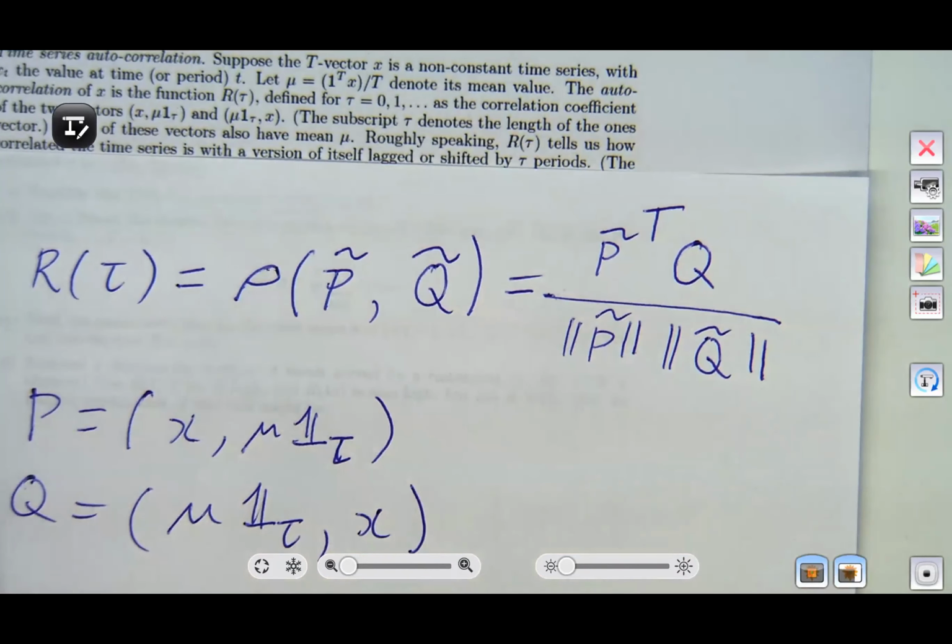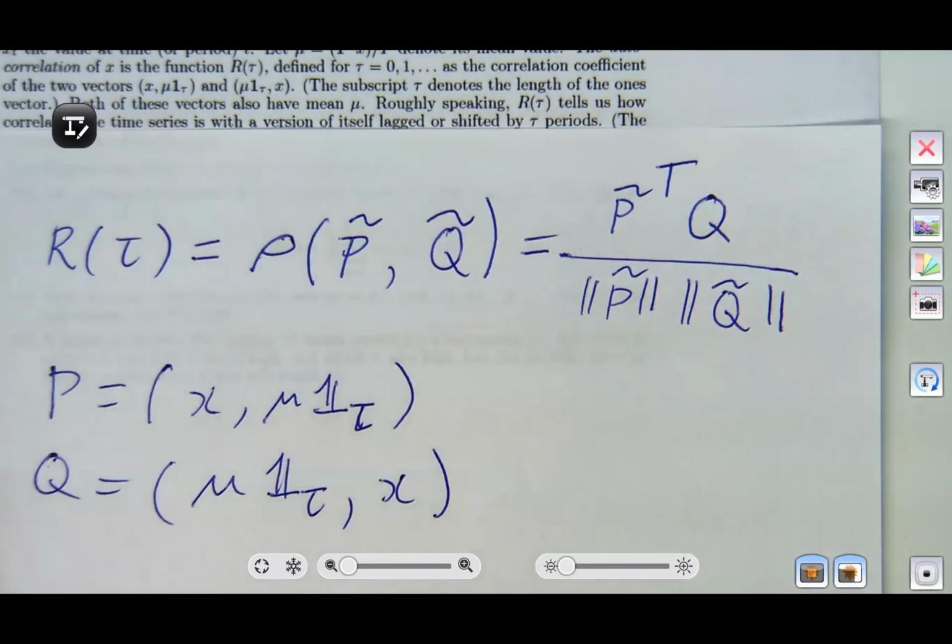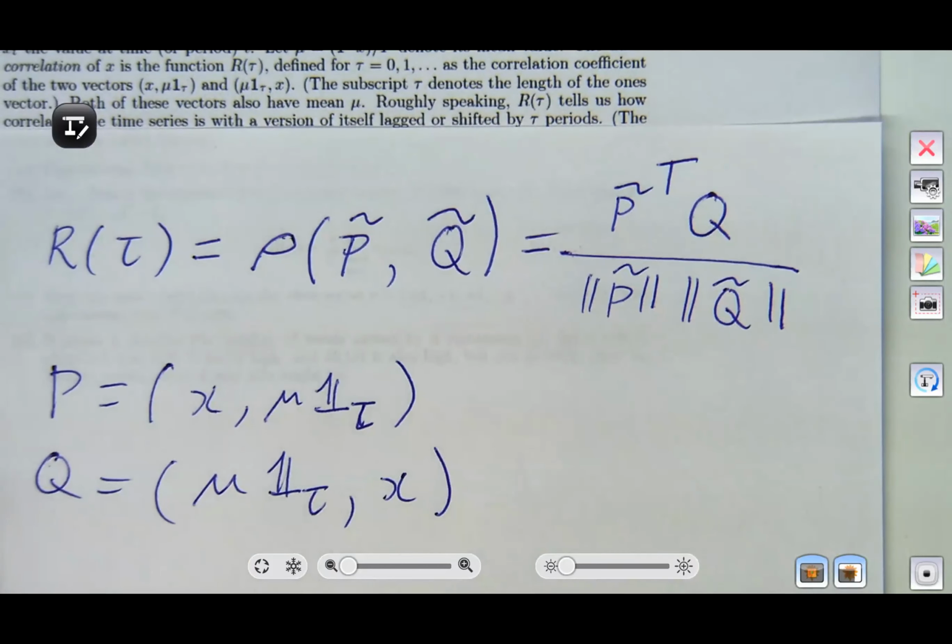And what am I missing? The tilde. Okay, now the tilde is just, if I remember right, yeah, I think so, to subtract the mean from every entry, okay?